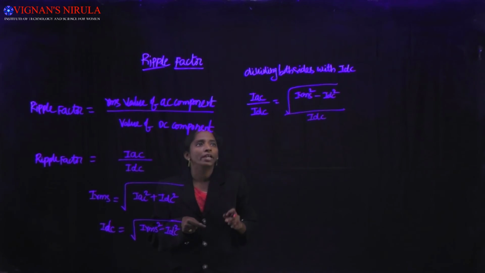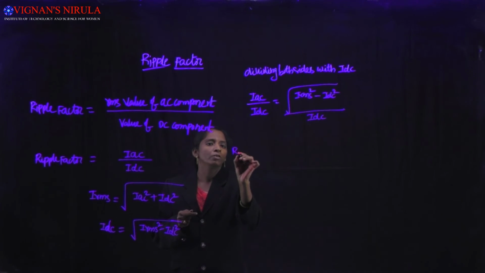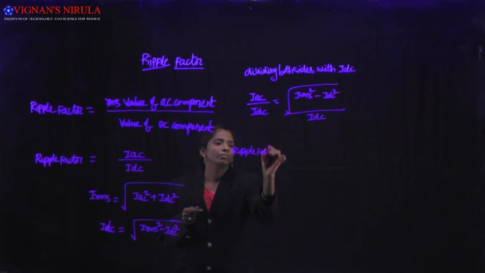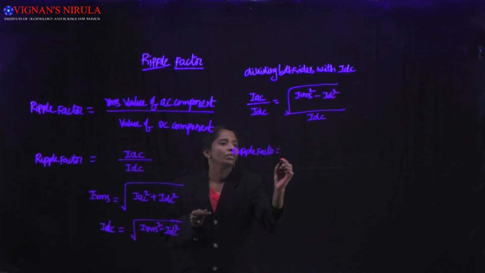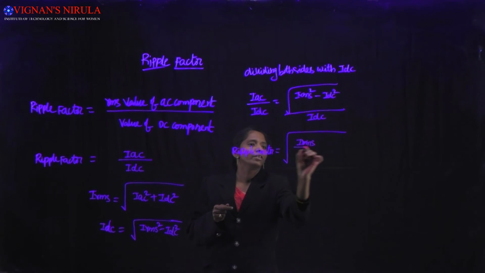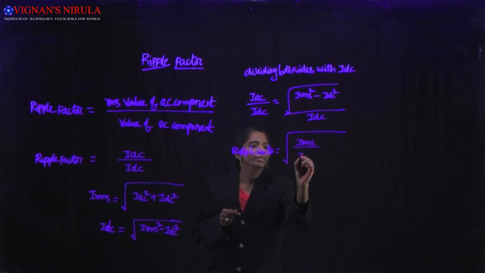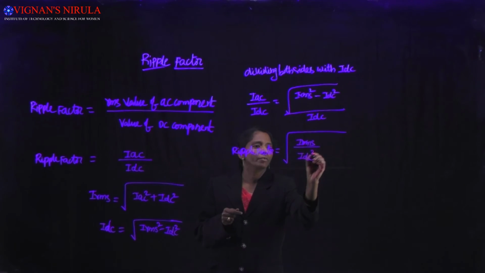We know IAC divided by IDC is the ripple factor. If the IDC goes into the square root, it will become IDC square.